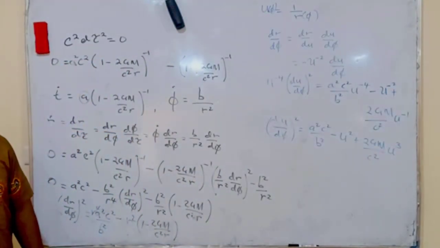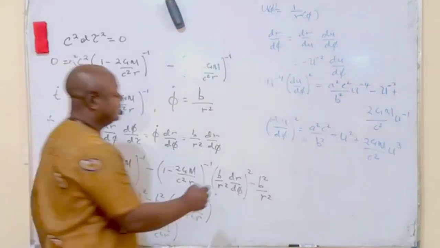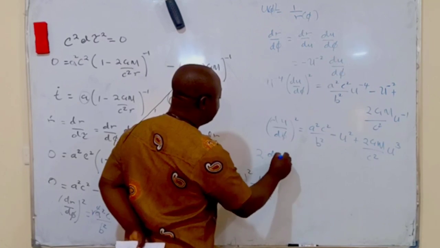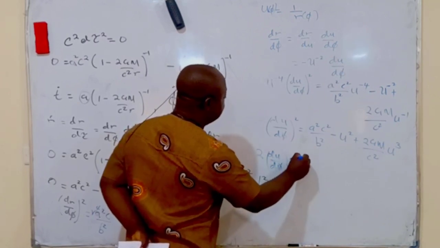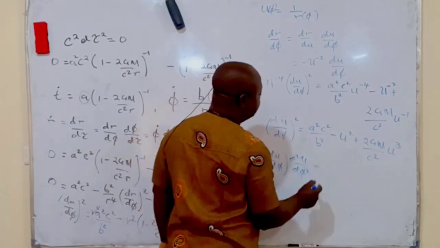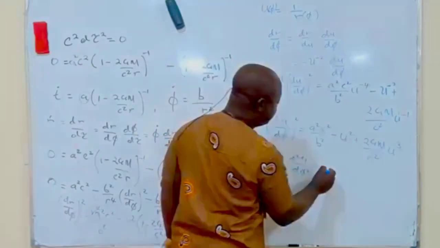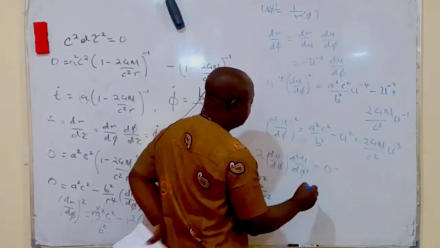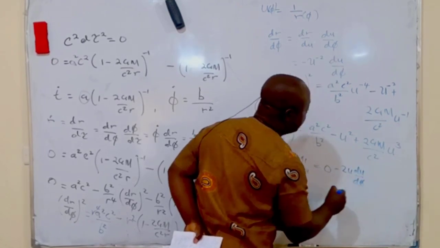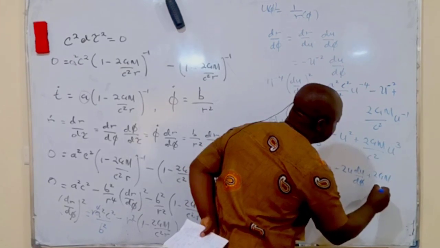If we do that, we are going to have 2 du d phi d squared u d phi squared equal to, this is a constant so this is 0, minus 2u du d phi plus 2gm over c squared.